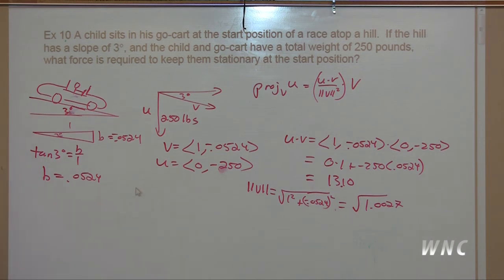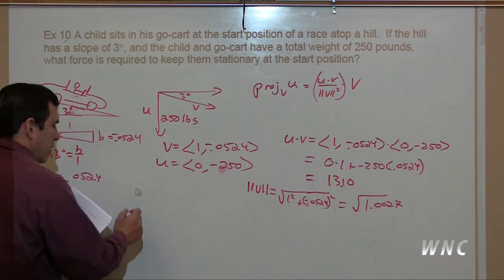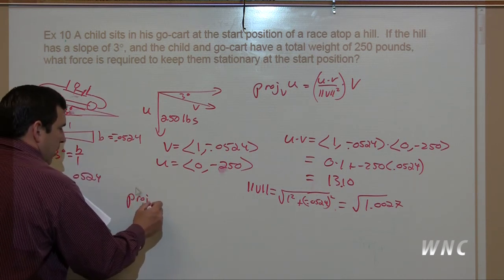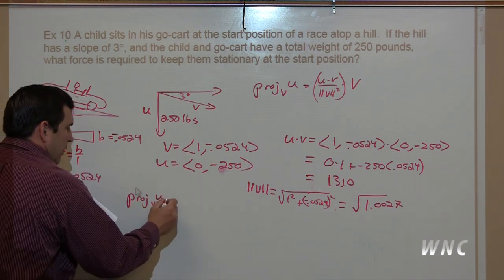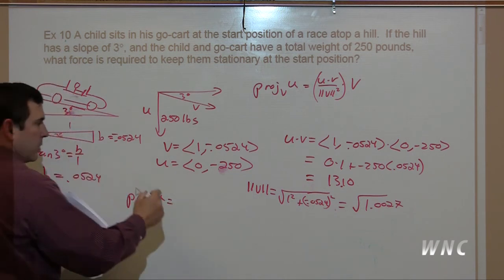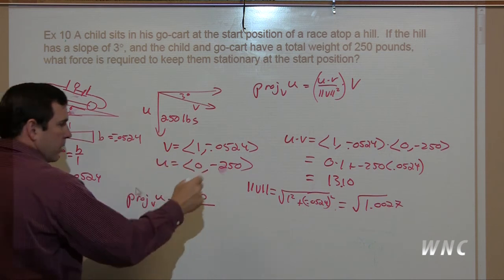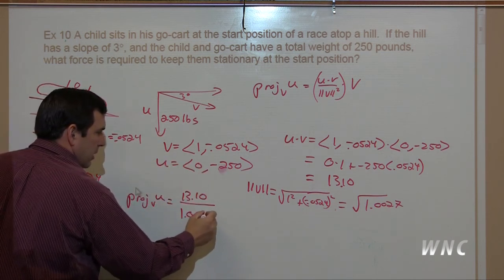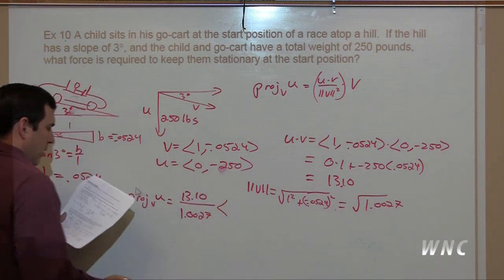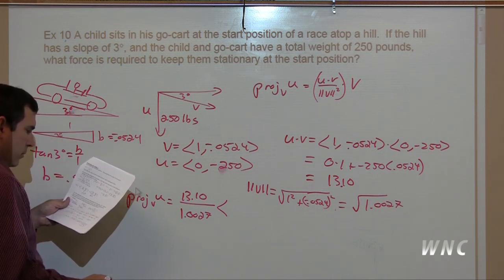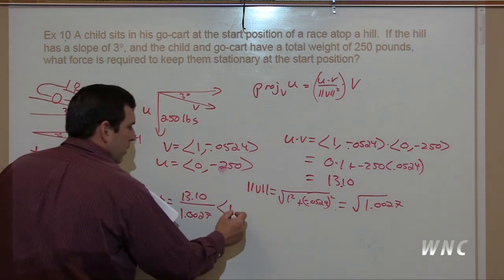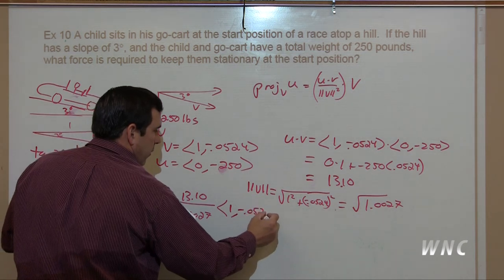Okay? So I think we have all the pieces here. Our projection of u onto v is going to be our u dot v, which is 13.10 over the magnitude of v squared, so that's going to be 1.0027 times our v vector, which is 1, negative 0.0524.